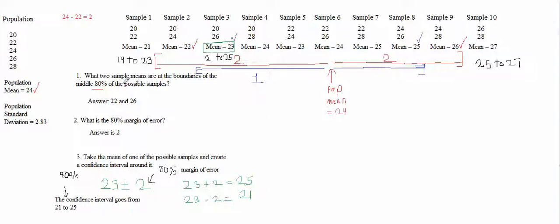So if I asked you, what are the boundaries of the middle 60%, you would say 23 and 25. And if I asked you, what's the 60% margin of error, you would say 1. The 60% margin of error is just the distance from the population mean to each of the two boundaries of the middle 60%.